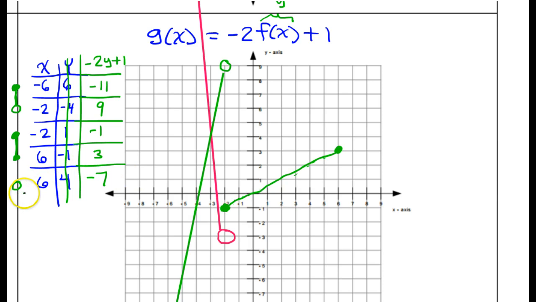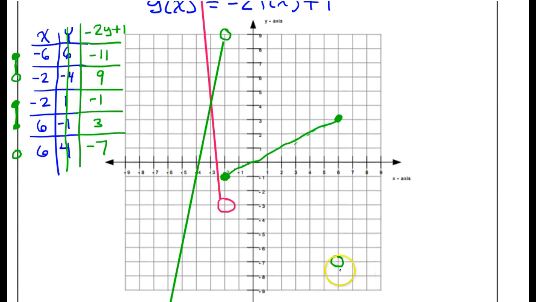And now the last piece, the endpoint, open circle, is 6 comma negative 7. So 6 comma negative 7 is here, open circle. And this one is always a horizontal line going to the right.